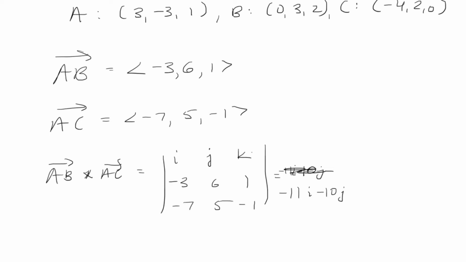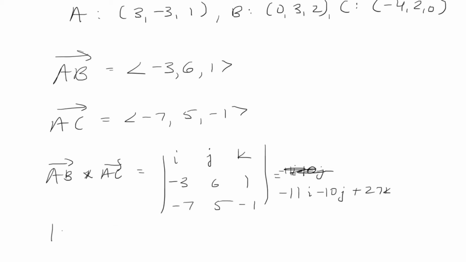And finally for k, we hide the first row, last column. Negative 3 times 5 is negative 15. Negative 7 times 6 is negative 42. So negative 15 minus negative 42, that's going to be 27. So that's plus 27k. And then finally, since we want to find the area, we have to look at the length of this.